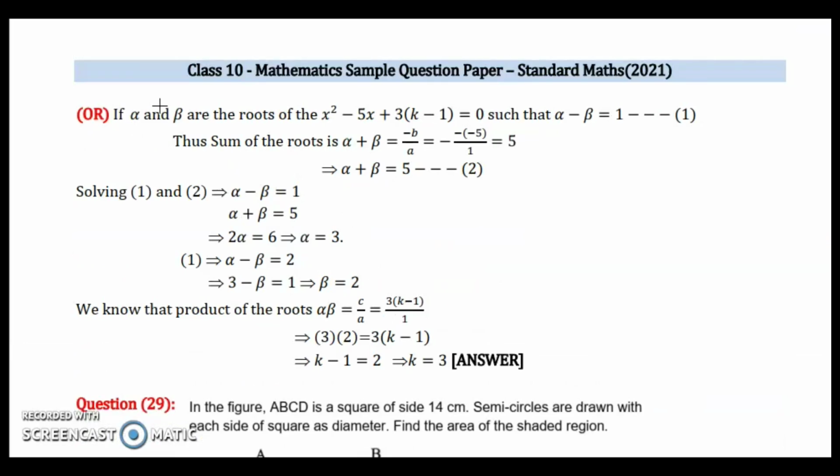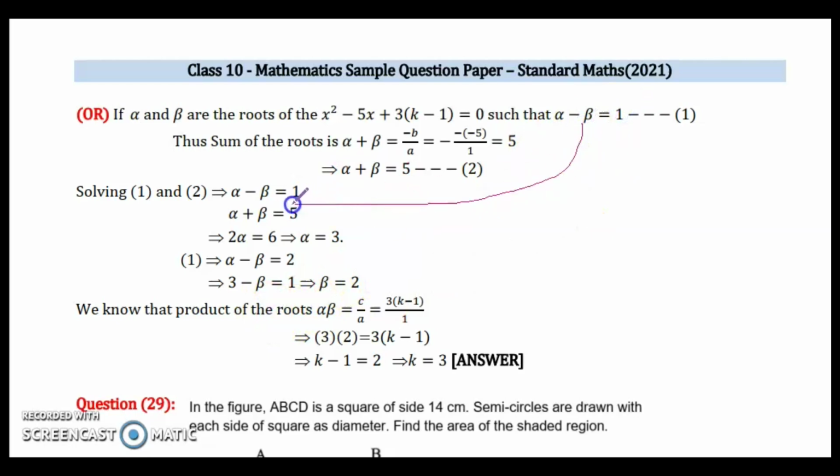Okay, now let us move on to the solution. Therefore alpha and beta are the roots, this is the question given here. Everybody knows about the sum of the roots. The sum of the roots is minus b by a, that is minus of minus 5, divided by 1, that is equal to 5. That means the sum of the roots is equal to 5. Already in the question it is given alpha minus beta equal to 1.